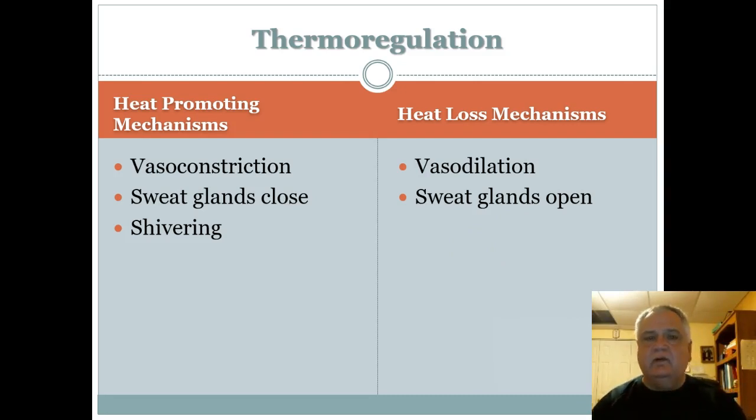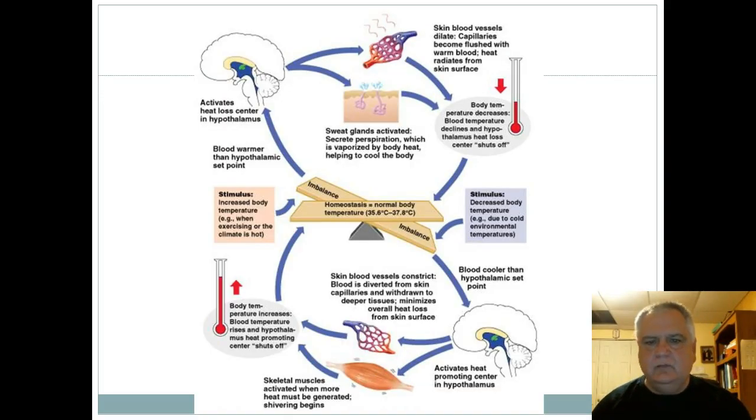Now, there are a lot of other physiologic mechanisms that can kick in, but these are the major heat loss and heat promoting mechanisms that we take a look at here. And you've probably seen this before. Thermal regulation is a good example of a negative feedback mechanism of homeostatic regulation, and so that you tend to study in A and P1.